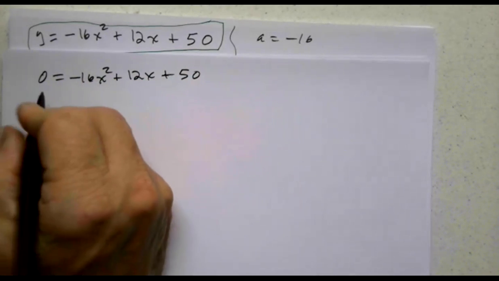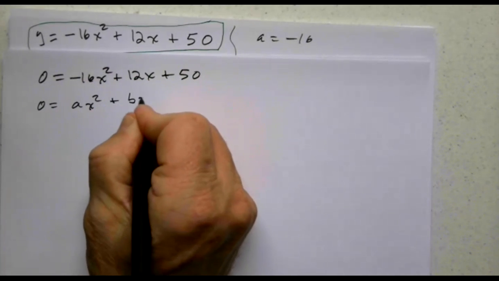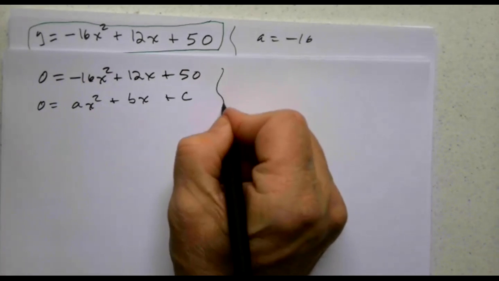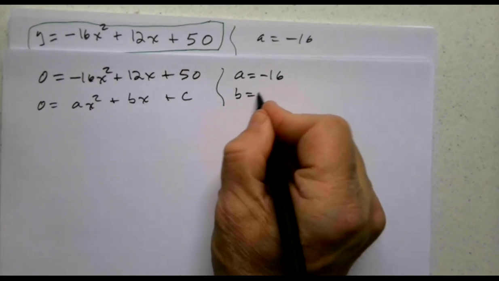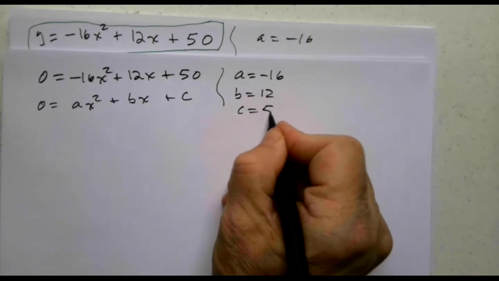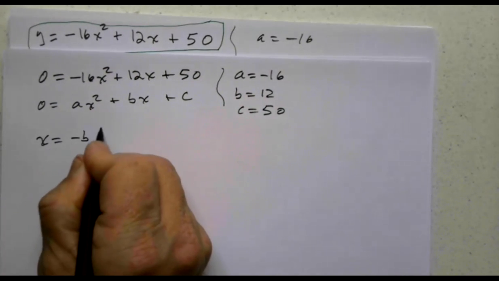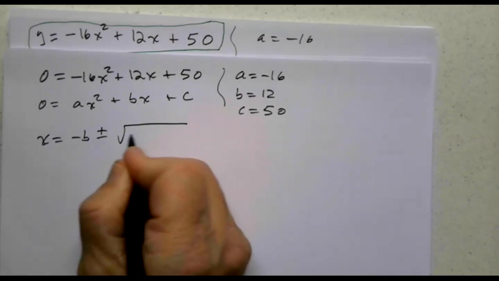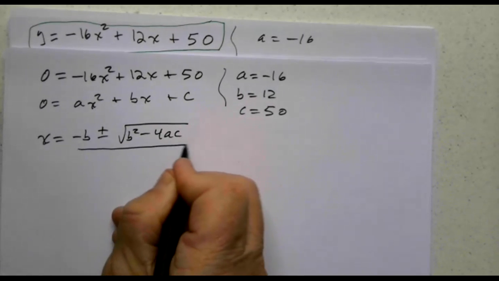Negative 16x squared plus 12x plus 50 equals 0. Remember, this is a quadratic equation, 0 is ax squared plus bx plus c. So a is negative 16, b is 12, c is 50. So I get x equals negative b plus or minus the square root of b squared minus 4ac, all over 2a.